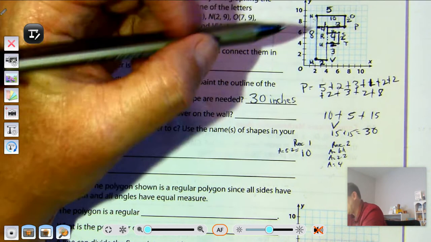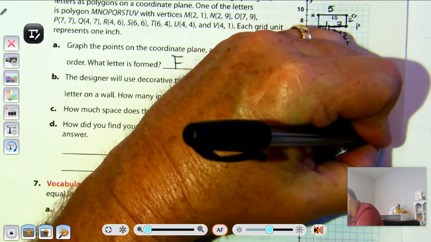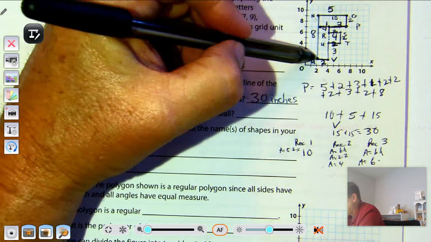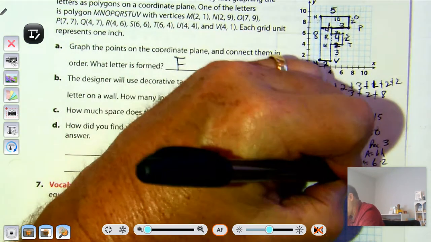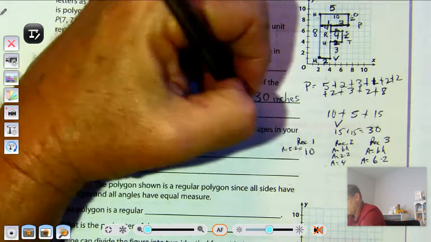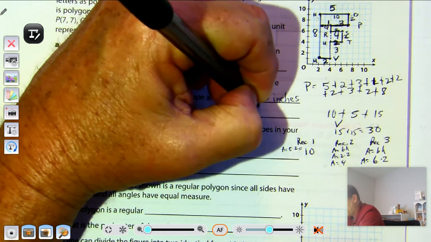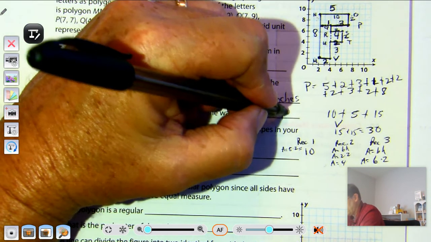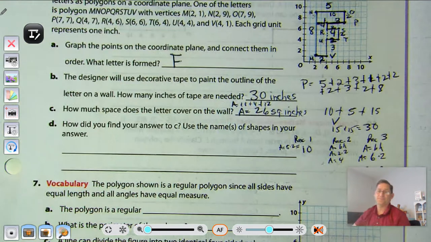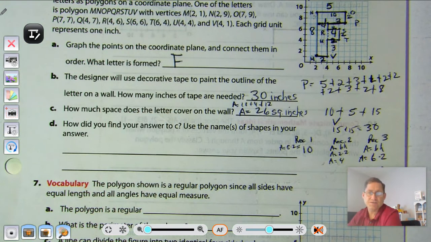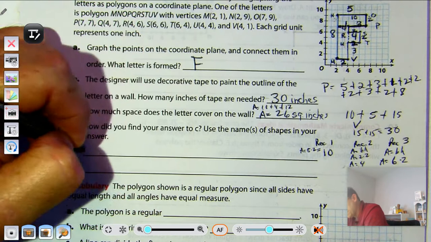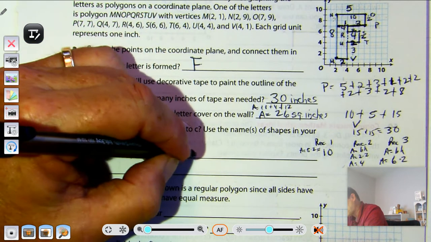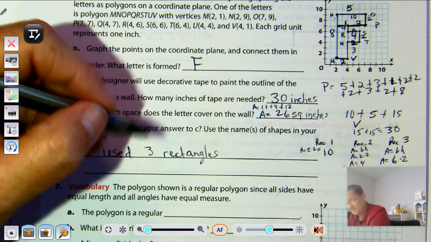So 8 take away 2 is 6. And we have a height of 2. So we have an area of 12. So the area is 10 plus 4 plus 12. So the area is 26 square inches. How did you find your answer to C? I used 3 rectangles and added the areas together.